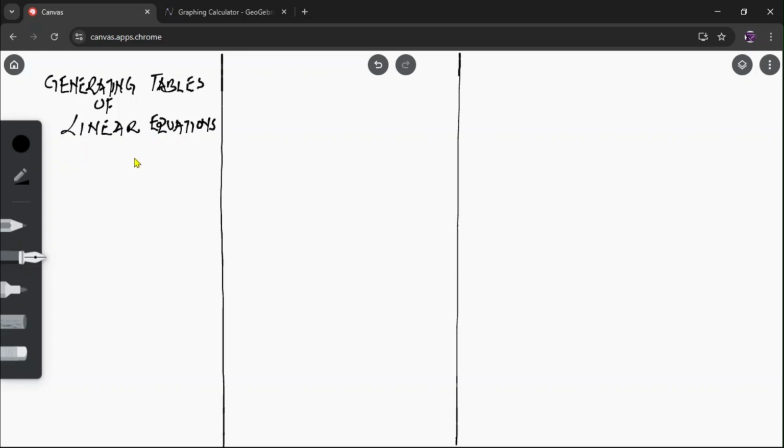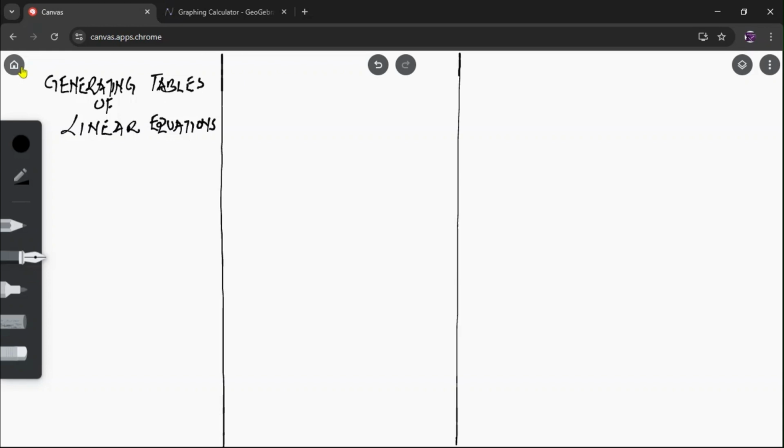When you plot them on a graph, they will give you a straight line. So we want now to generate a table, and from that table, we are going to plot the points and see how we are able to have a number of points on our graph.